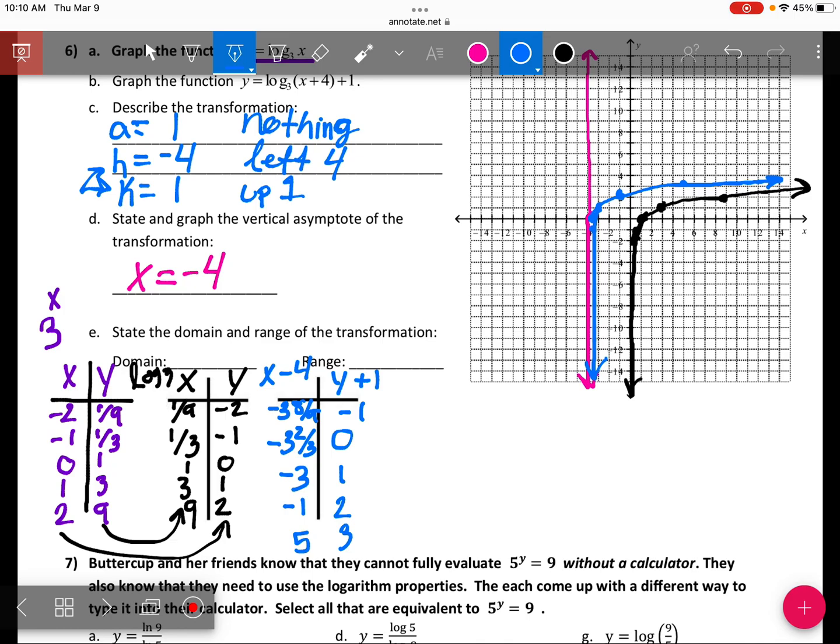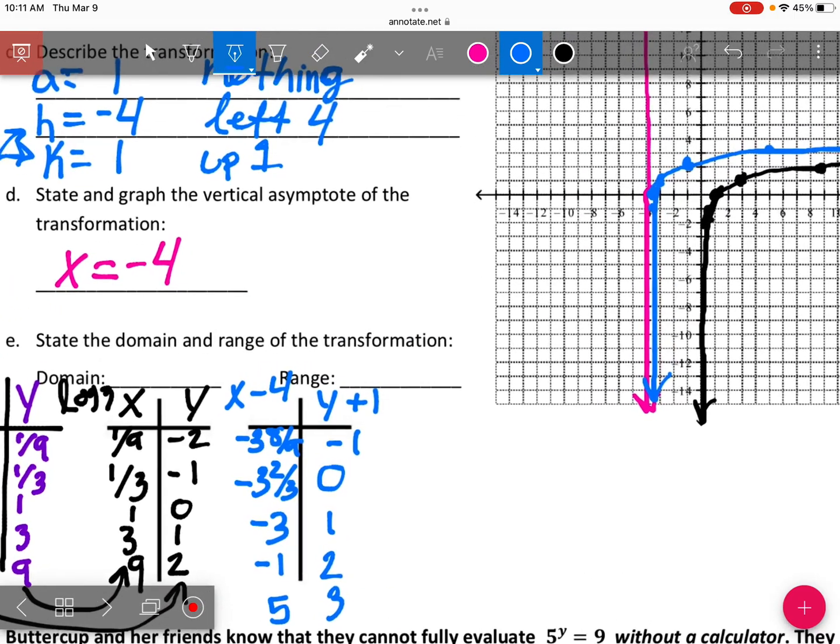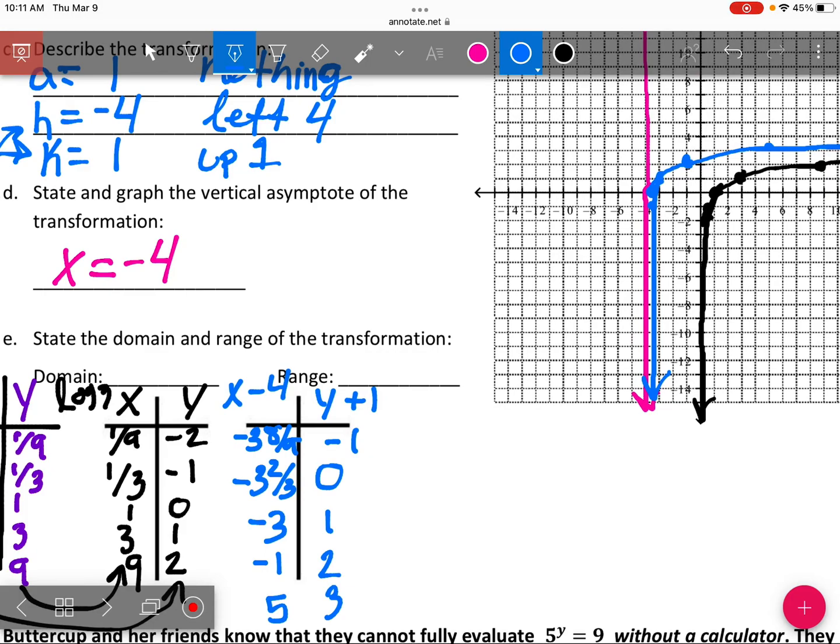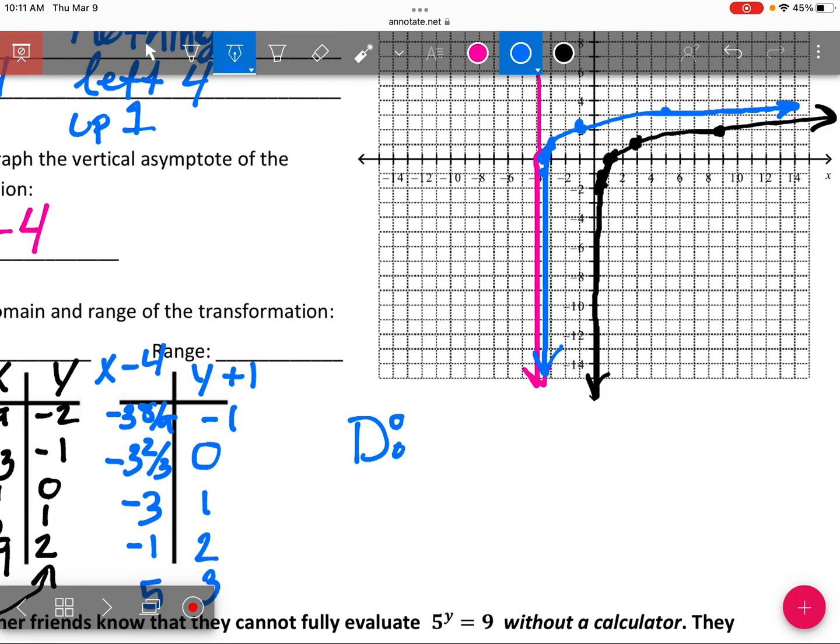Our last piece on this graph, because this thing has 1.5 zillion pieces. If it has this many pieces, it's probably lots and lots of points. We need to find our domain and range. I'm going to write them down here just because my tables went a little crazy, but it's still the same question. So our domain, which x values work? I'm looking at the blue function only, the transformed function.